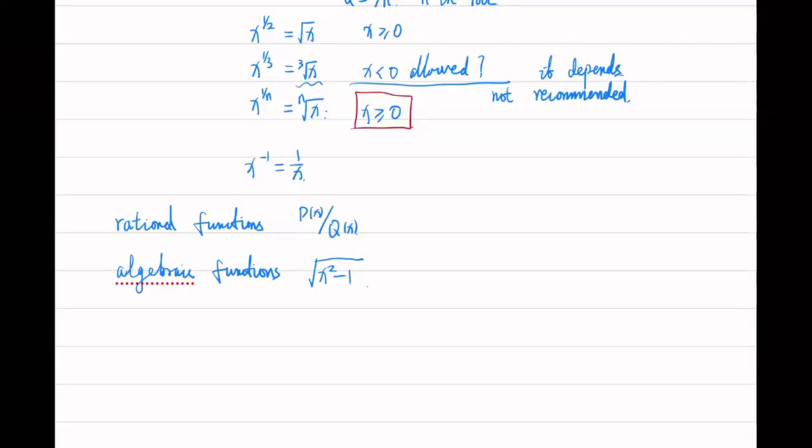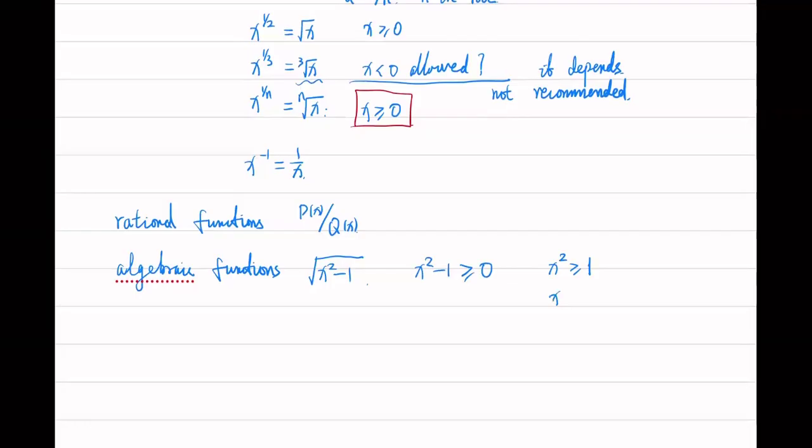And okay, that's part of the domain. So here we want x squared to be positive. So it's either bigger than 1 or less than -1. Okay, so that's the domain.